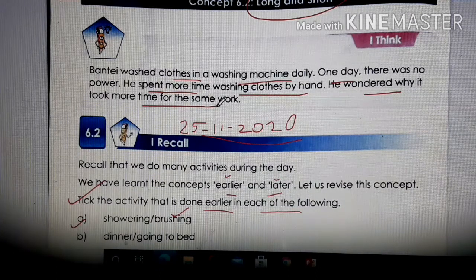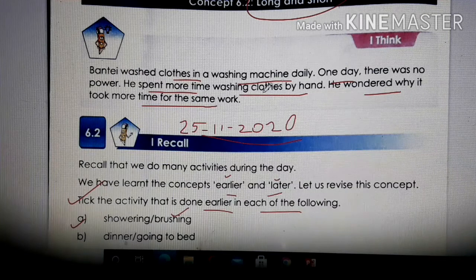Can you think over it, children? When he used to wash clothes in the washing machine, it took less time. But one day there was no power, so Bunty spent more time washing clothes by hand. Why did it take more time? Because machines run by electricity, and it runs faster.